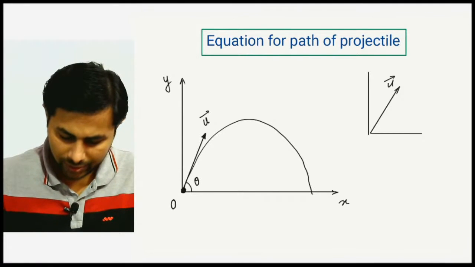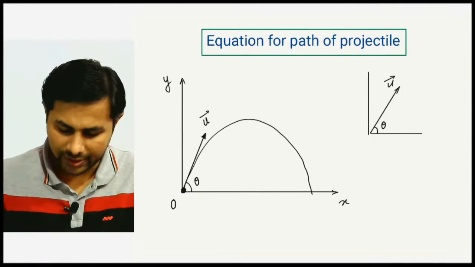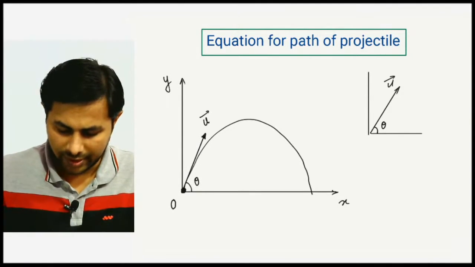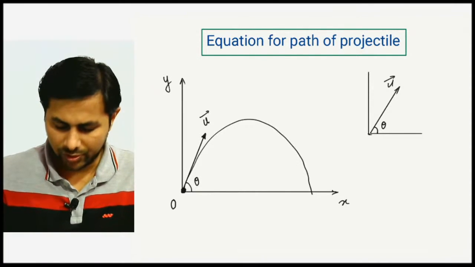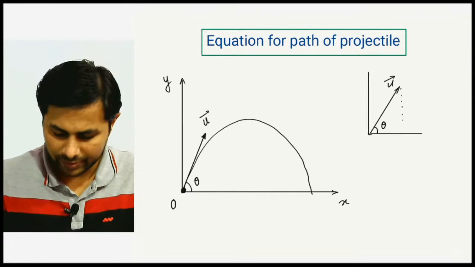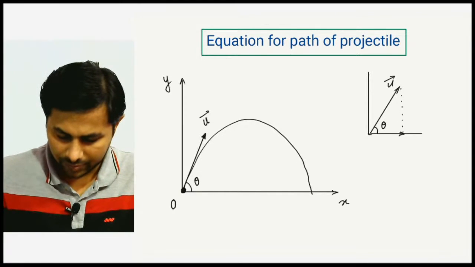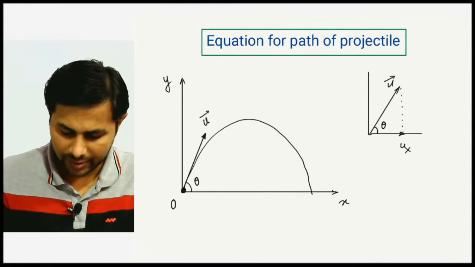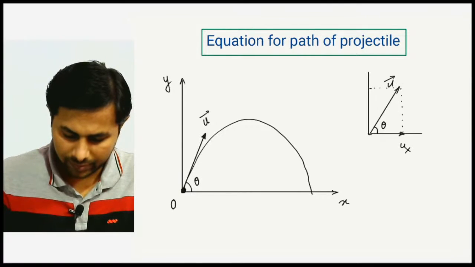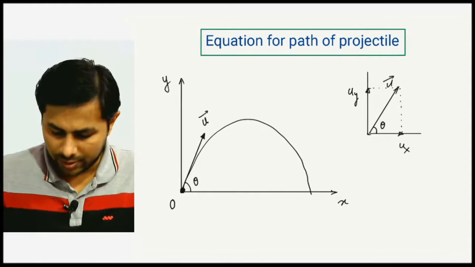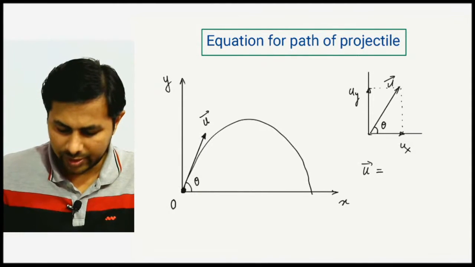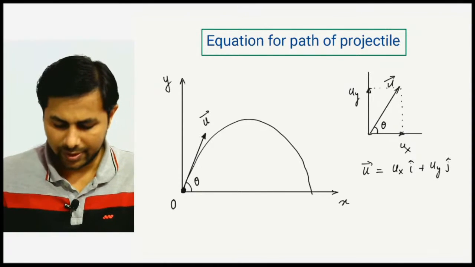Okay, so u bar makes an angle theta with the ground. Then we can resolve this u bar along two components, ux and uy. So u bar is equal to ux times i cap plus uy times j cap.